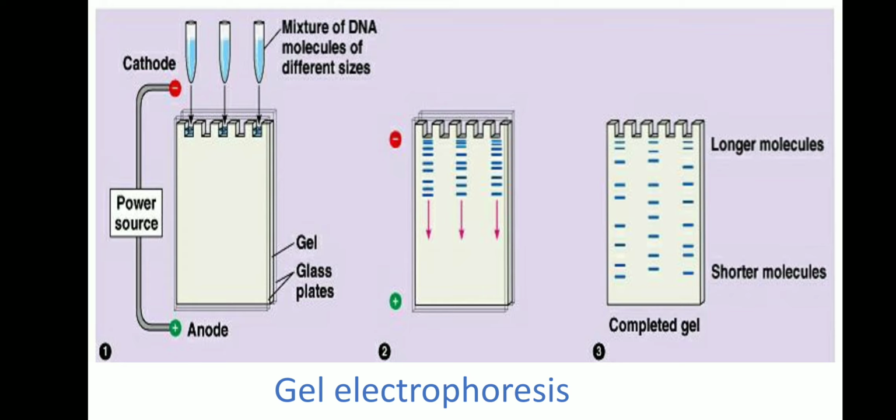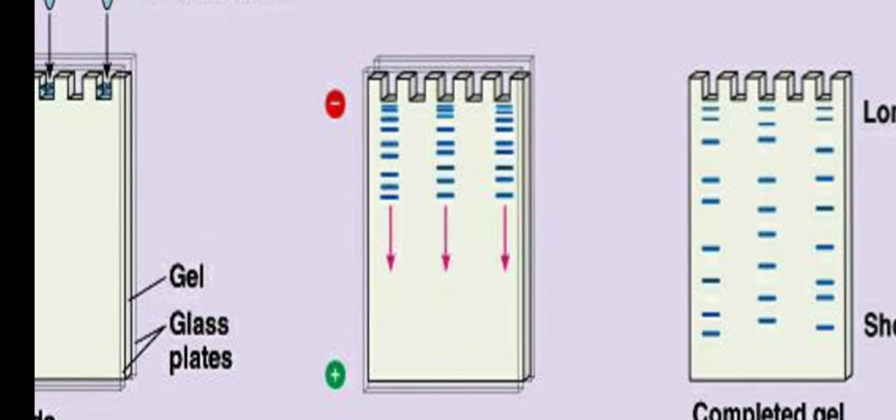A mixture of DNA molecules of different sizes, that is the DNA fragments, are put into the well of the gel. Then an electric current is applied. The DNA is pulled down from the well into the total gel area like this.